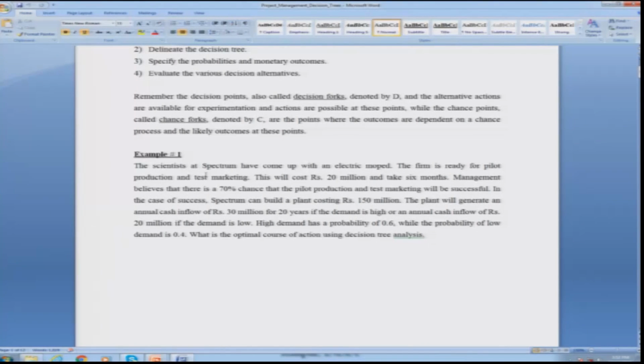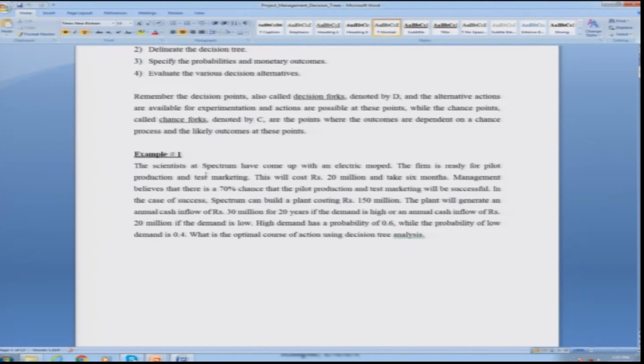In the case of success, Spectrum can build a plant costing about 150 million rupees. The plant will generate an annual cash flow of 30 million for 20 years. That means, for a 20-year period you expect that, if the demand is high on an annual basis, and a cash flow of 20 million when the demand is low.